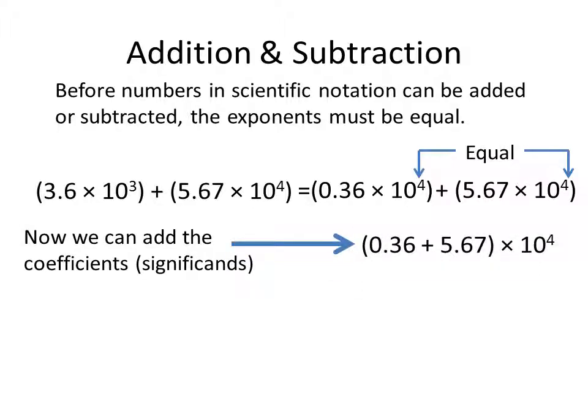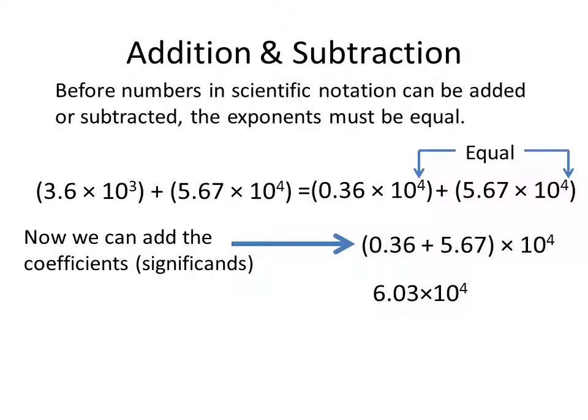We go on and add these together like this. We have 0.36 plus 5.67, and the powers are the same. In addition, we don't do anything with the powers. 10 to the 4th stays 10 to the 4th. We end up with 6.03 times 10 to the 4th.